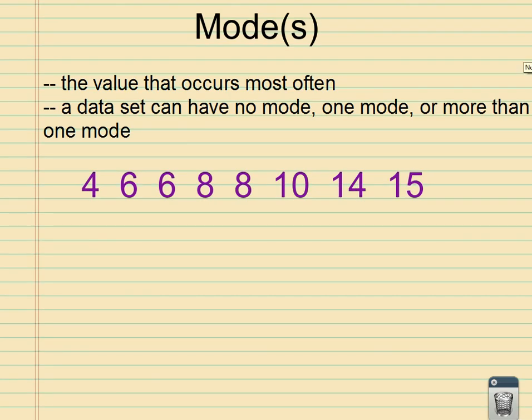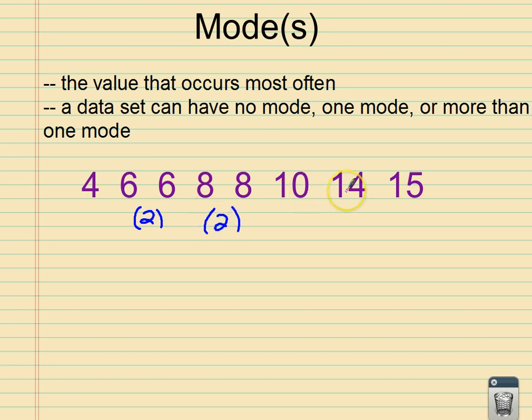All right, I chose some new values here because I wanted to show you the other possibilities that could occur. Let's see, what do we have? We have a 6 and a 6. So these occur 2 times. We have an 8 and an 8, 2 times.